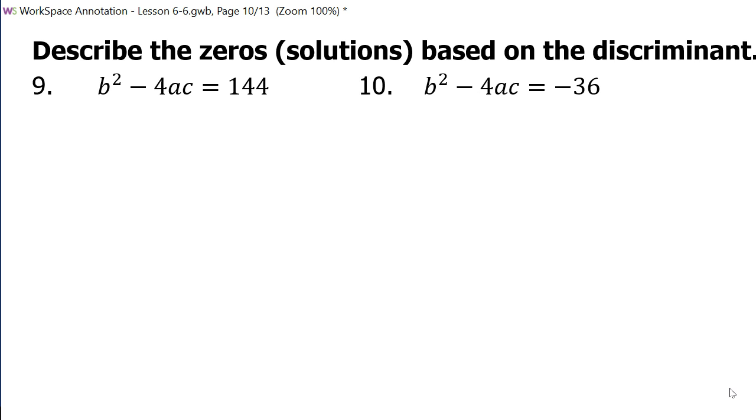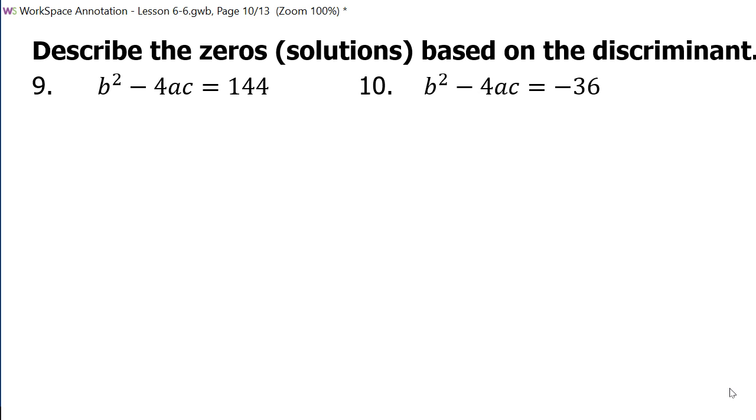Now when you describe these, you need to use what's written below those graphs. So it has 2 real solutions, it has 1 real solution, or it has no real solution but 2 imaginary solutions. So problem number 9 is b squared minus 4ac equals 144.